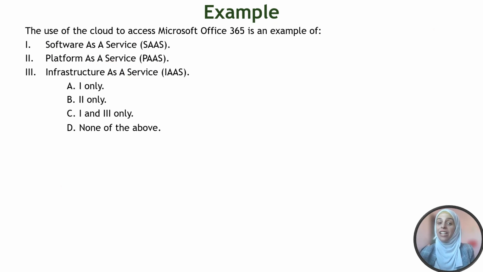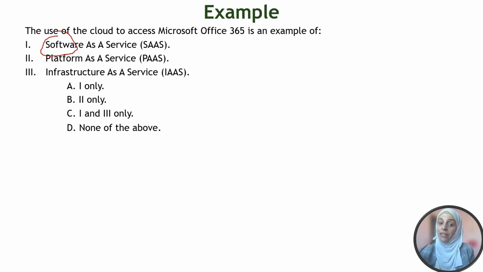The use of the cloud to access Microsoft Office 365 is an example of SaaS, PaaS, or IaaS. Again, always eliminate the incorrect answers and use the name to remember the meaning. So immediately, when we say here software as a service, it provides the software.